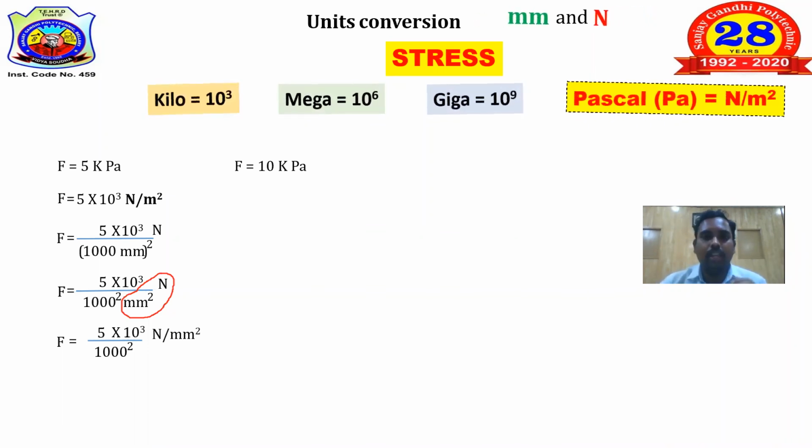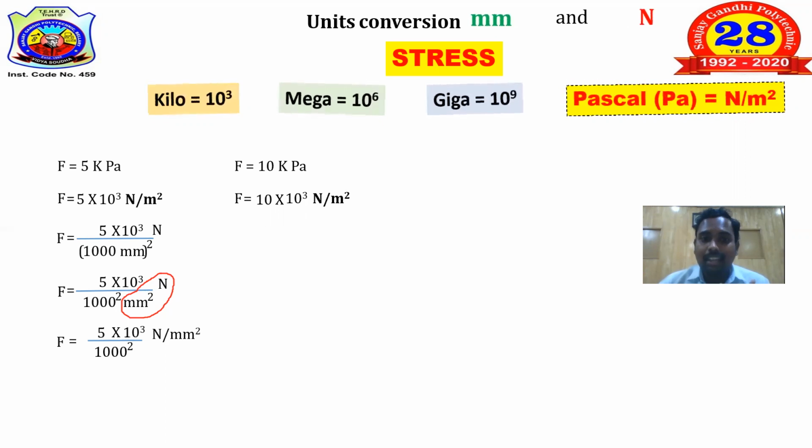Just listen very carefully. F is equal to 10 kilopascal. So I'll write F as it is, then equal as it is, 10 as it is. In between 10 and kilo, there is nothing, so I'll put a multiplication symbol. In place of kilo, I'll put 10 power 3. And Pascal is nothing but Newton per meter square, so I'll write it as Newton per meter square. Once I observe clearly, I have meter square, but I need it in terms of mm, so there is a need for conversion again.